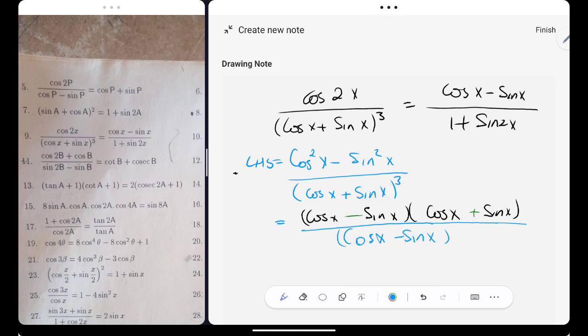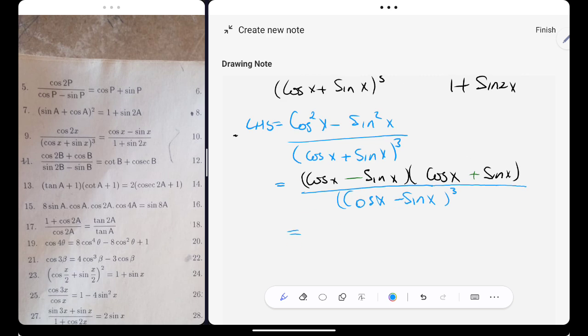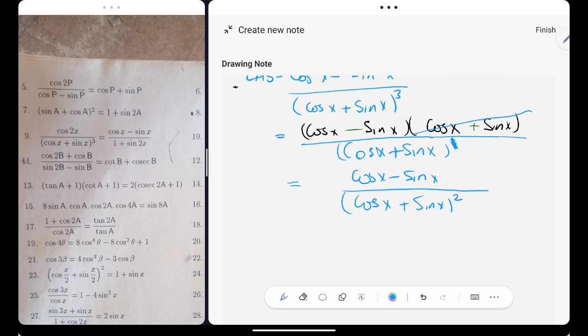Remember that I had a cubed there at the bottom. Okay, so this will cancel one of these. So I will be left with cos x minus sin x all over cos x plus sin x, all squared. There was a plus there.